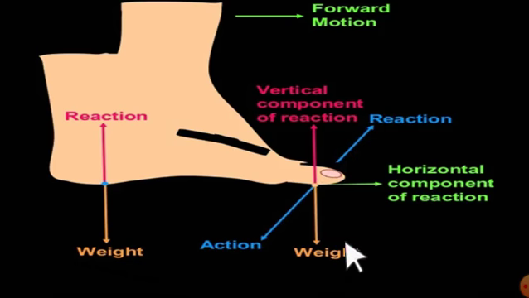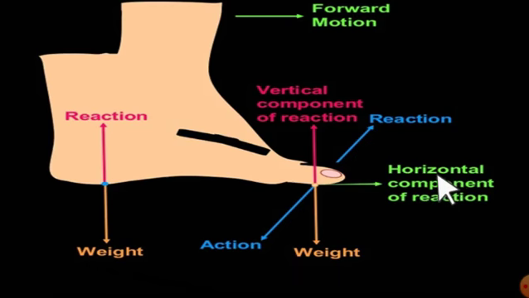Now when you try to resolve this reaction into two rectangular components, one along the horizontal and another along the vertical, we call them the vertical component and the horizontal component of the reaction, right?